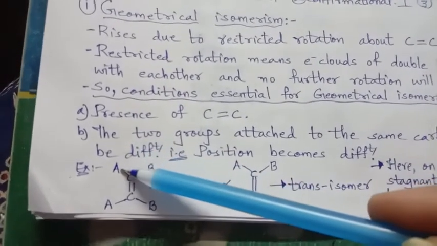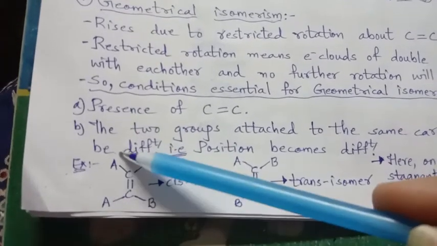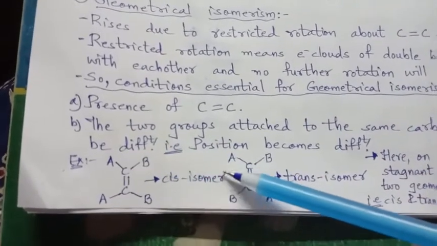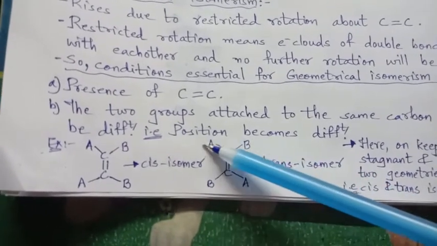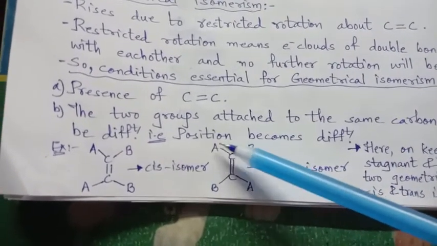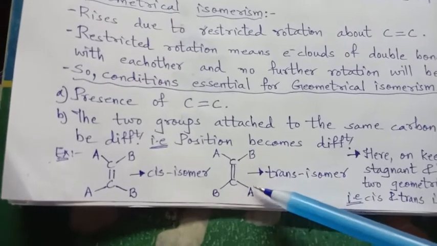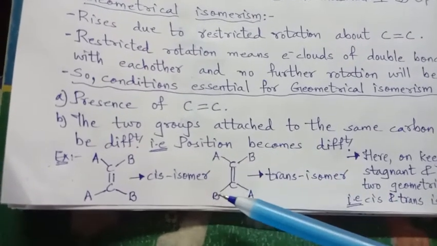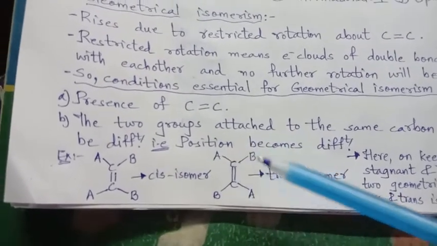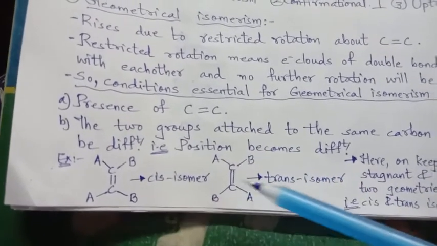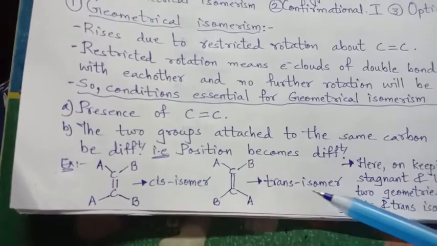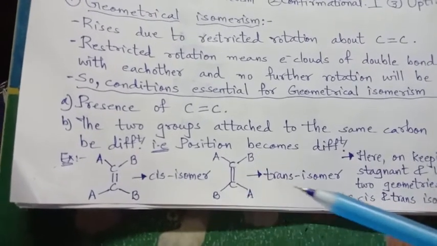So here two functional groups are on the same side, then such isomers are cis isomers. And if two functional groups are on the opposite side, then they are called trans isomers. Clear? Here A is opposite to A, or if we see B, then B is opposite to B. Trans isomer. So these are the two geometric isomers.